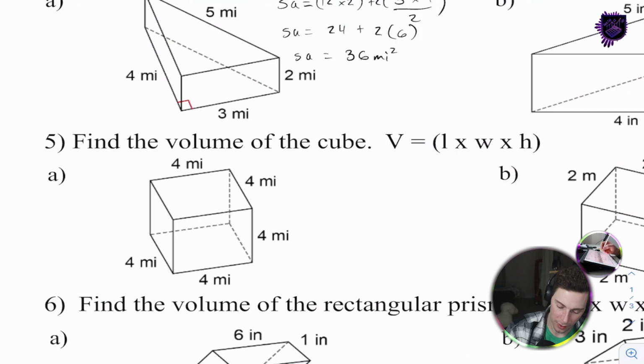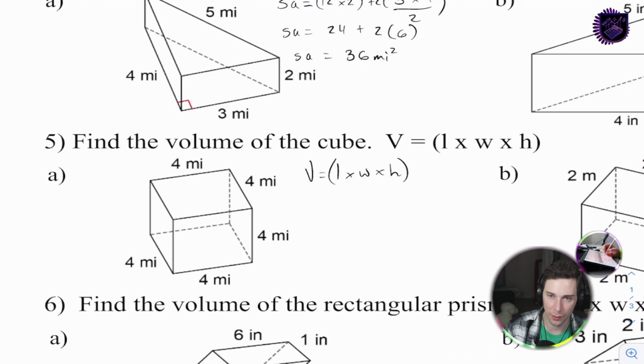So let's say volume of a cube is going to be side cubed. But let's just say length times width times height. Just easy that way. One formula for all these different types of shapes.